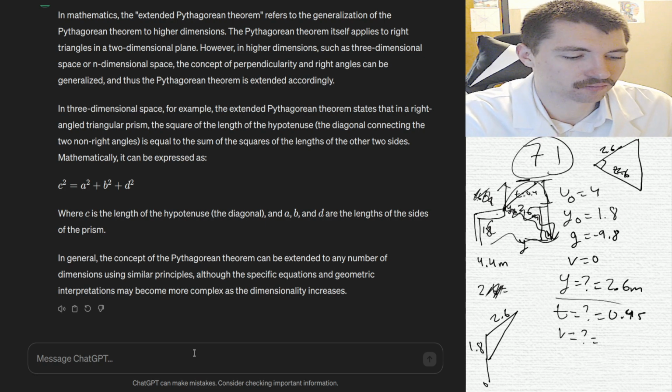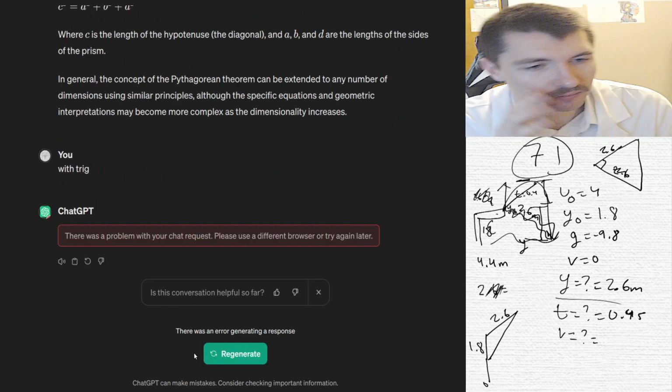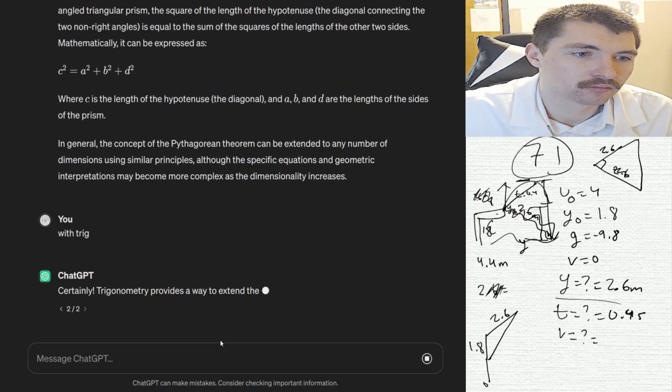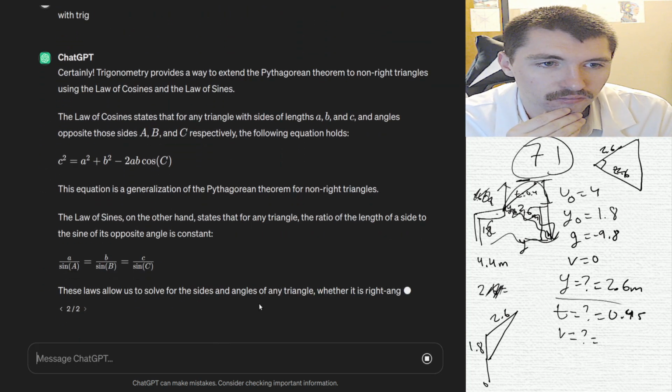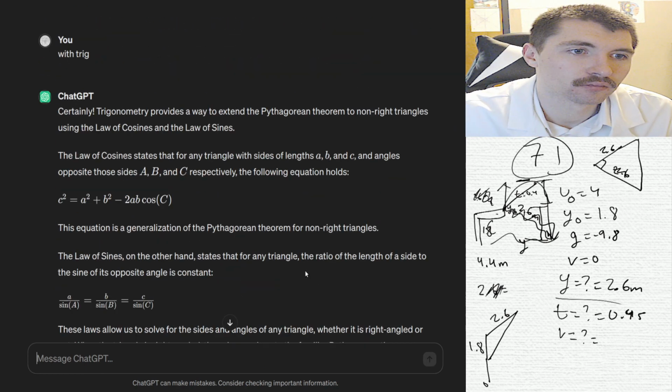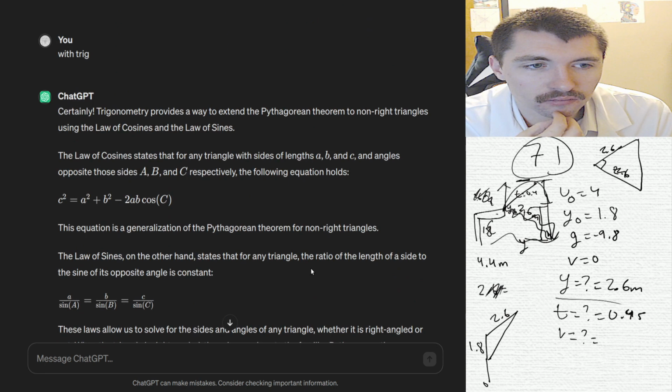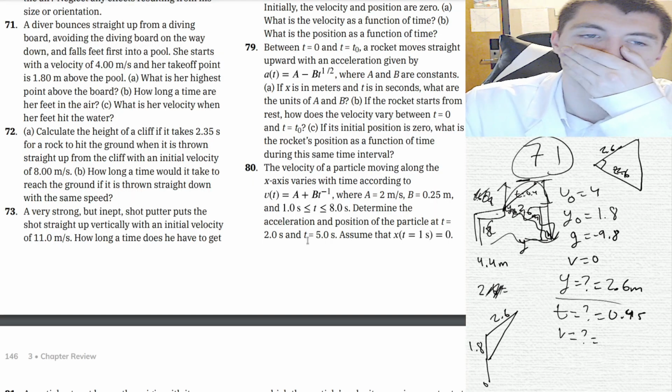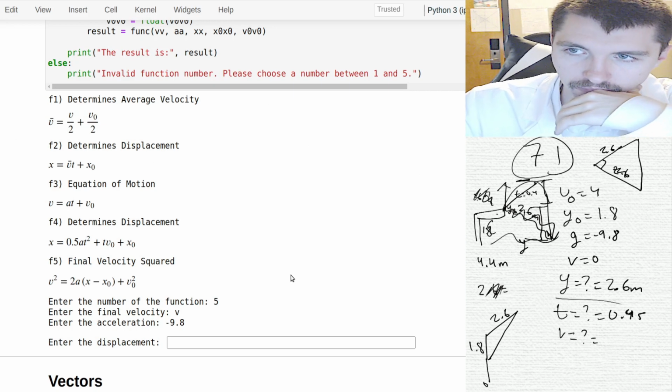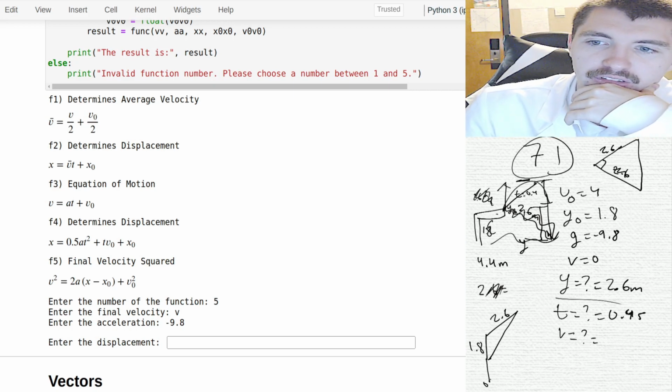So we want the displacement from here, I think.